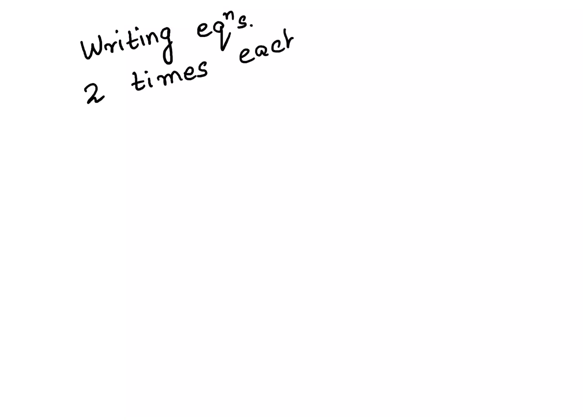Now, I would want you to practice writing the equations that we have learnt till now at least 2 times each, and make sure that you don't memorize the balancing. Please practice balancing yourself.